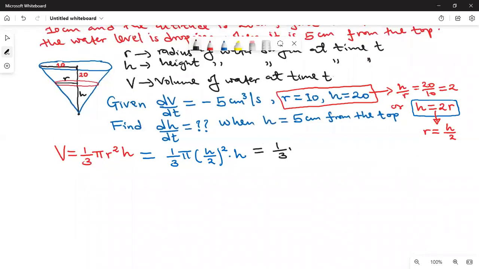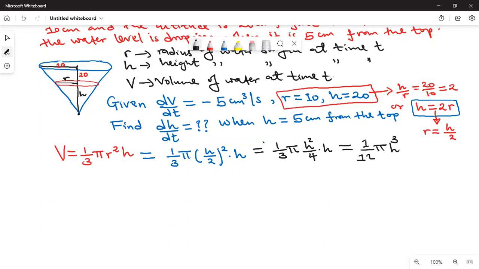If I expand this one, that's pi h squared over 4 times another h, which is equal to, that is now pi over 12, or simply 1/12 pi h cubed. So that is the volume as a function of h only. Volume as a function of h only. Pi over 12 h cubed.